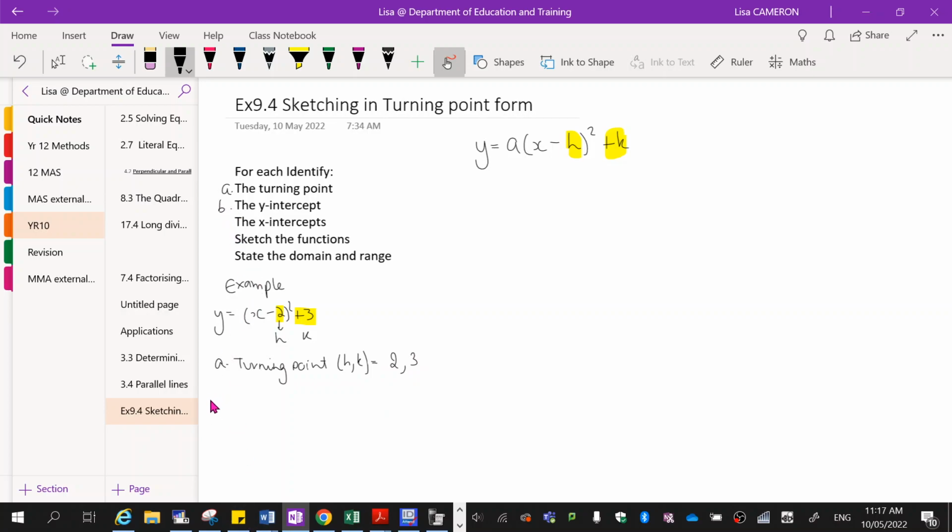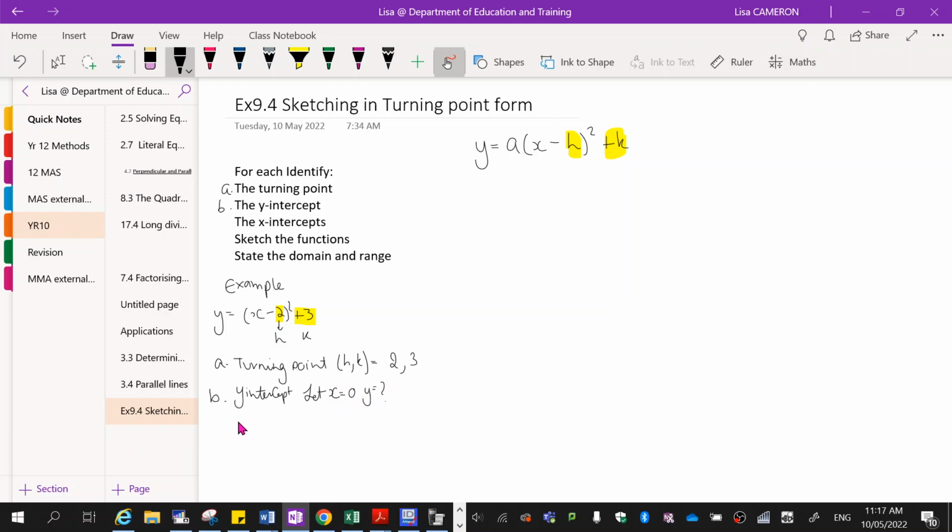Okay, let's do b. So for b, we want to calculate the y-intercept, which means we're going to let x equal 0 and find out what y is.